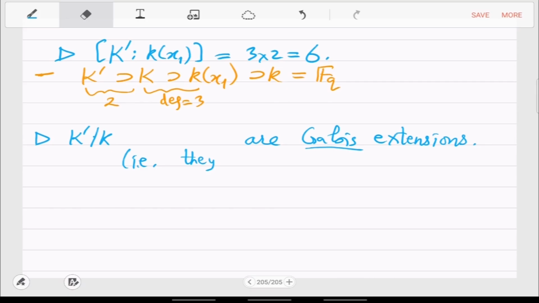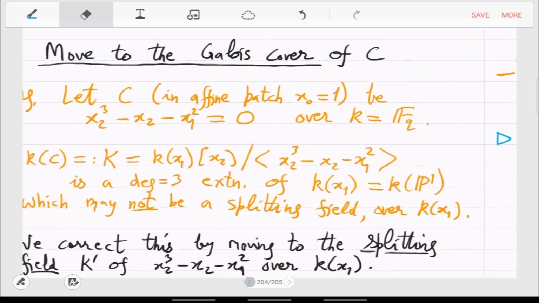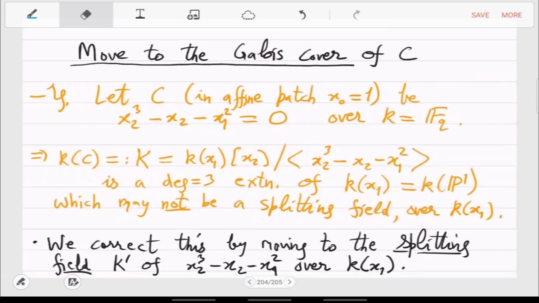So the precise statement is that it is a Galois extension of the function field F we're using, if we call this F(x1, x2).